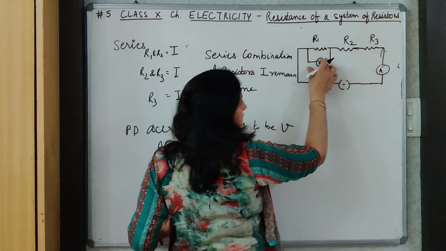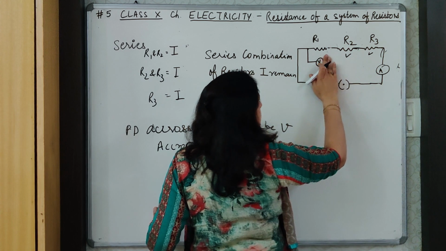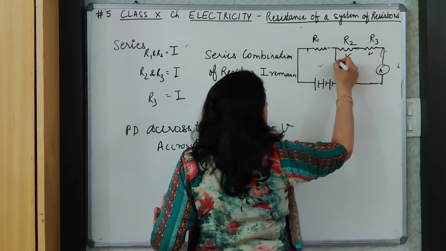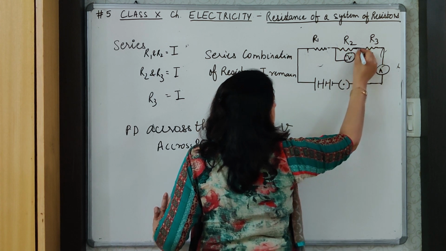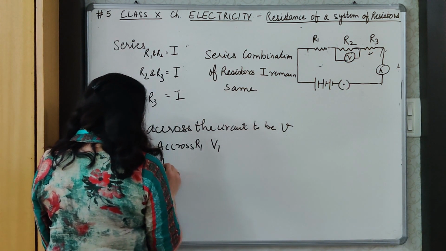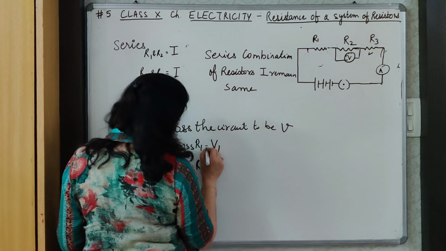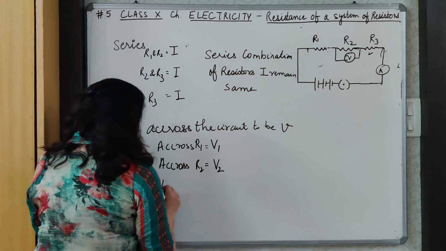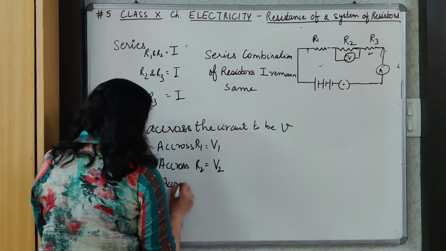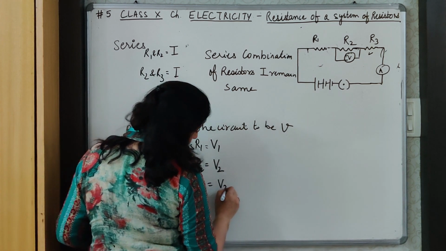Similarly, we will disconnect it from here and connect it to the second resistor. The value of potential difference across only the second resistor is also noted, and say it comes to V2, and then across R3 it becomes V3.